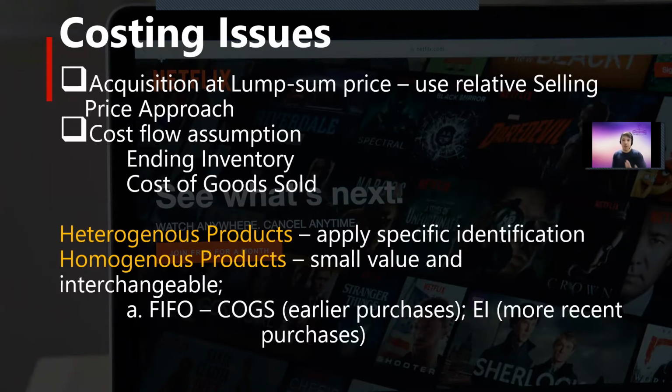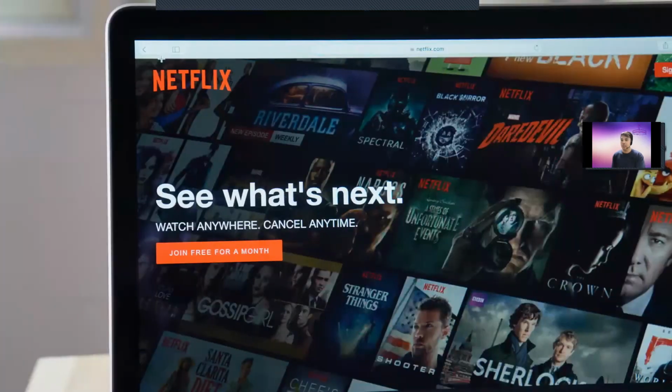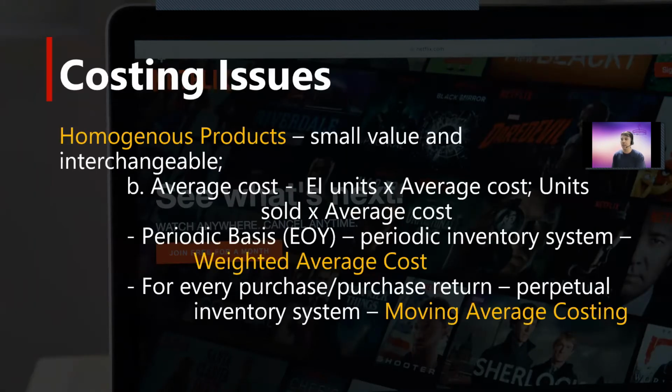Now your more recent purchases would account for your EI, or your ending inventory. So don't worry if you can't follow yet, because later on we'll have it in a problem so that you can at least better appreciate the theoretical part.